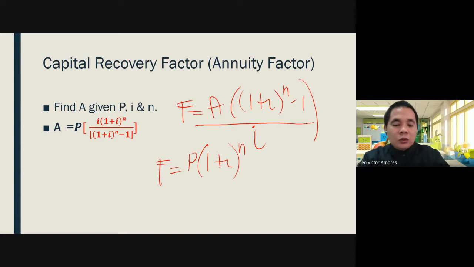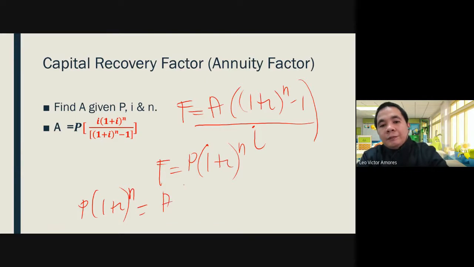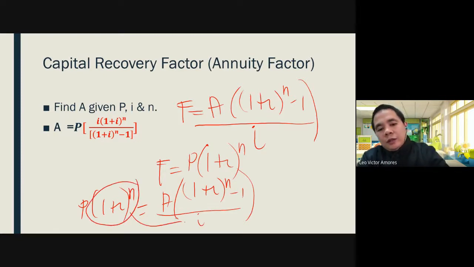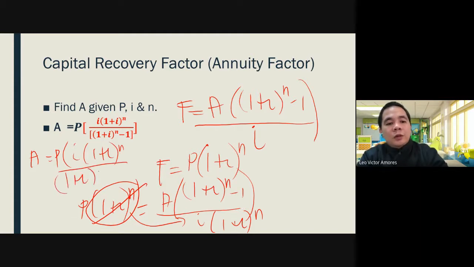So if we equate the equations, your present value P, 1 plus I to the exponent N, is equal to A, 1 plus I to the exponent N minus 1 divided by I. If you divide it here, the 1 plus I to the exponent N crosses out, and that is your P. And if you're looking for the A, A is equal to P, I, 1 plus I to the exponent N over 1 plus I to the exponent N minus 1.